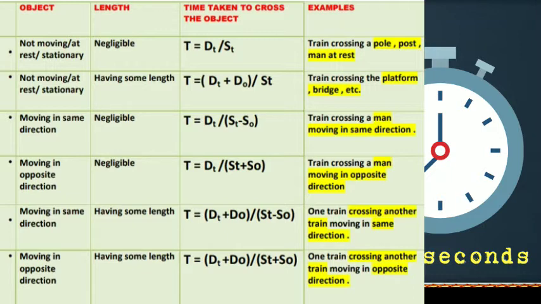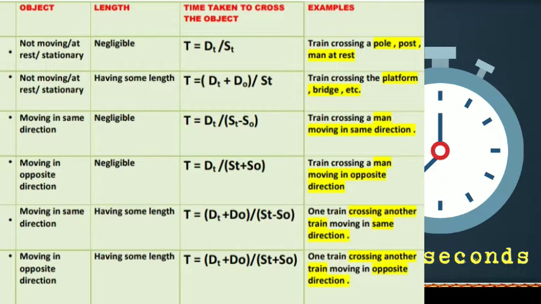In the example, if the object has some length like that of a platform or bridge, then we add that to the distance, so the total distance equals the distance of the train plus the distance of the object.